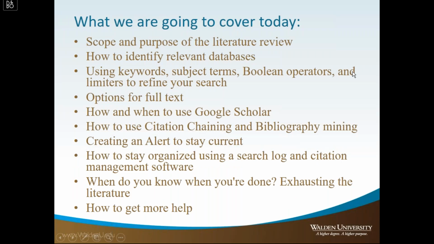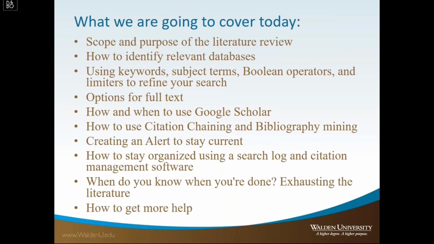So this is what we're going to cover today, and I know it looks like a lot, but it'll go by really fast, I promise. The first thing we're going to look at is the scope and purpose of the literature review. And then after that brief discussion, we're going to move into the library, and I'm going to give you a really practical demonstration on how to identify relevant databases.